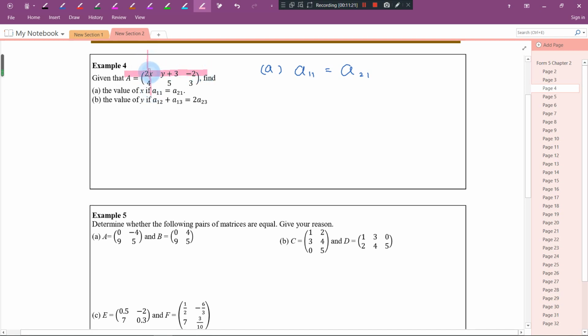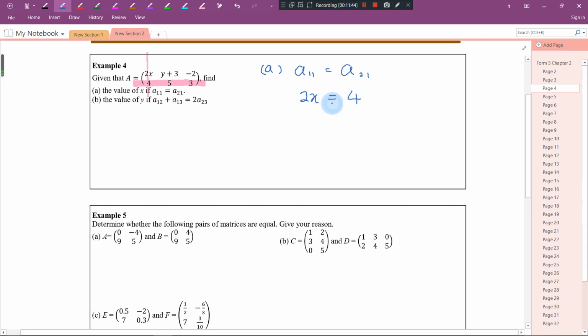Can you see the cross is over here, right? So this is 2x. Then 2, 1 is second row, first column, which is 4.